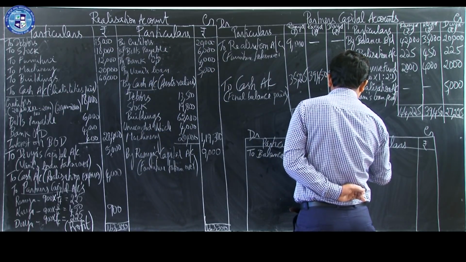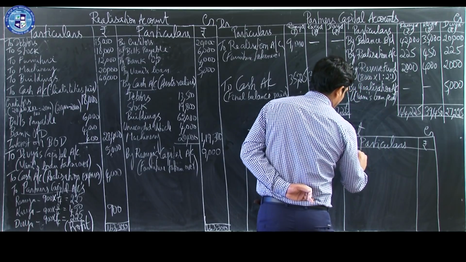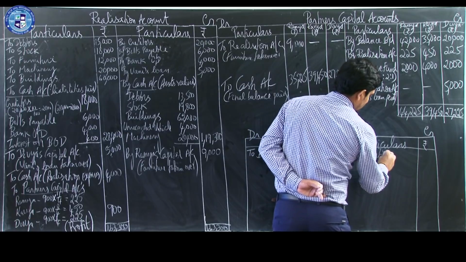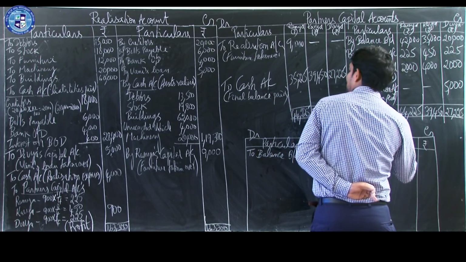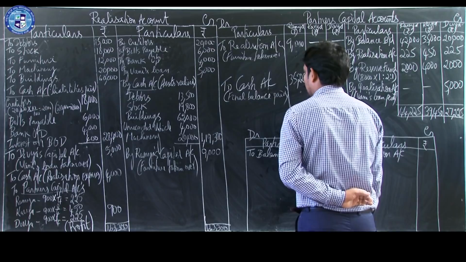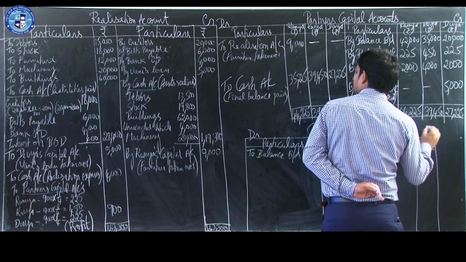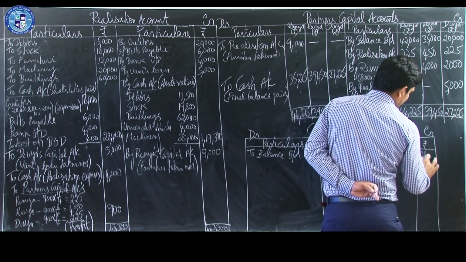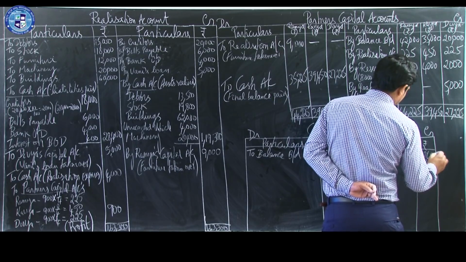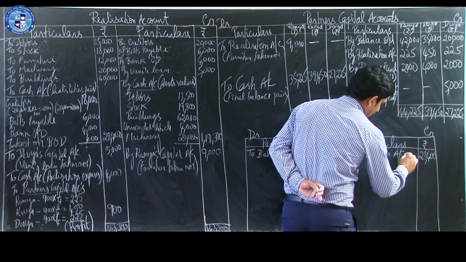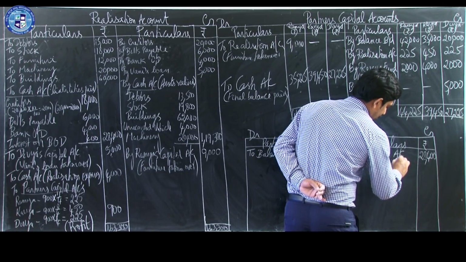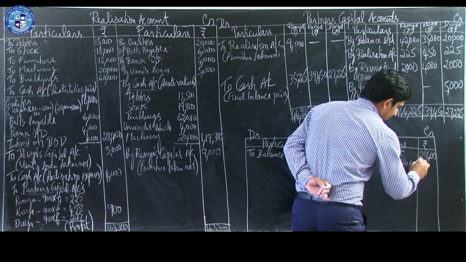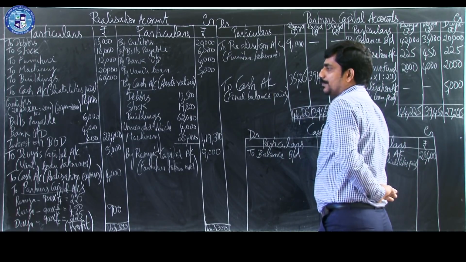By realization account. How much is the total liabilities paid? 28,400.